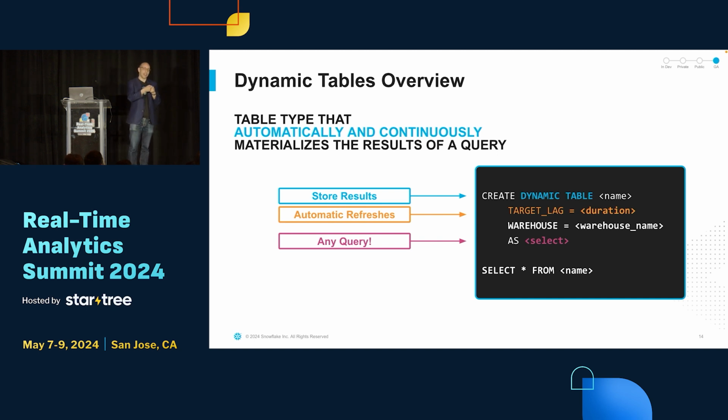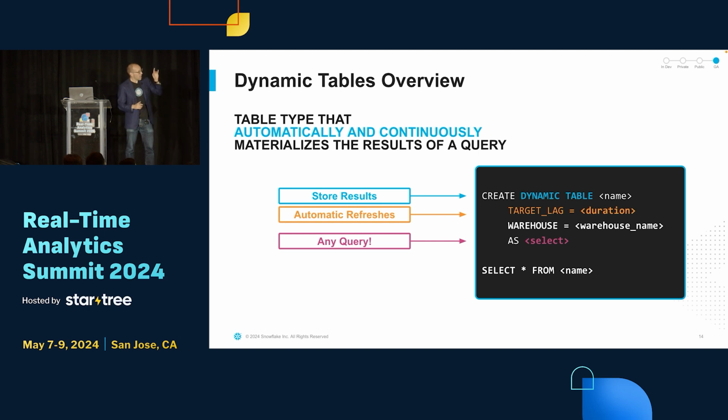And the refreshes will not run if none of the sources have refreshed. Like if I have the target lag at 1 hour, Snowflake will look if any of the sources have new data. If there's no new data in those tables, if nothing has been deleted, inserted, updated, then we don't need to run it. If there's something new, then we will have an incremental update, if it's possible to do an incremental update.